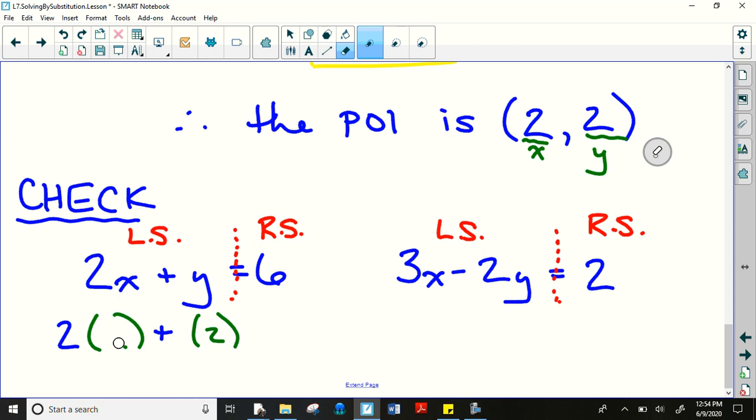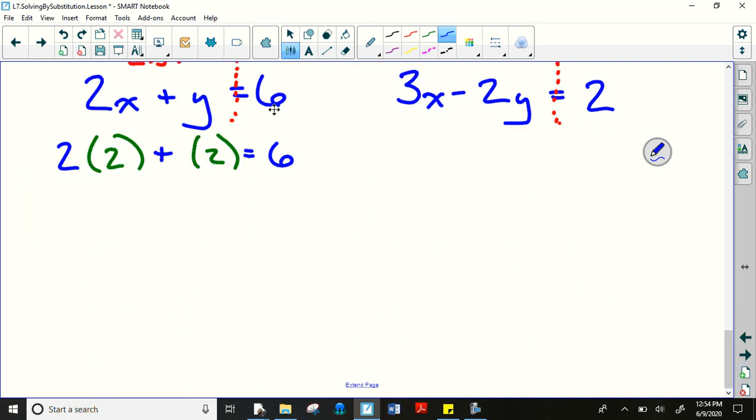Those watching the video will see it, but those that just look at the page won't. Okay, equals 6. 2 times 2 is 4, plus 2 is 6. 6 gives us 6.